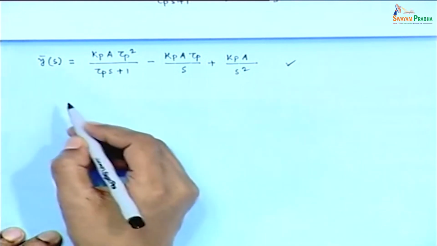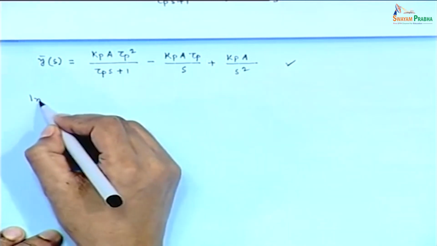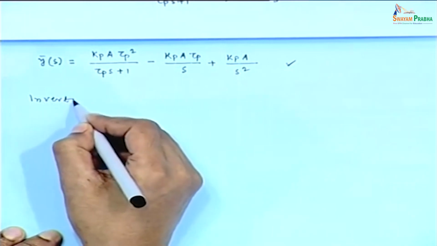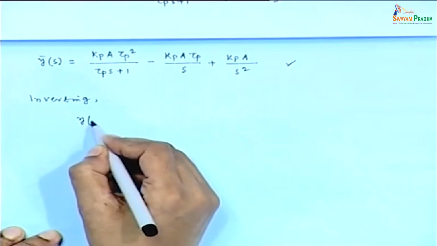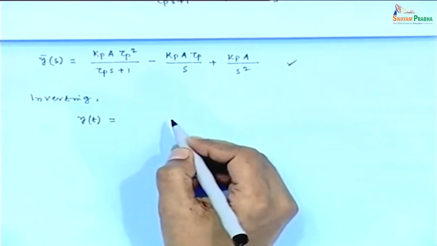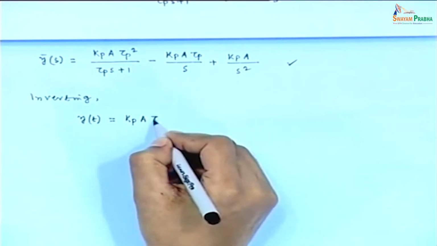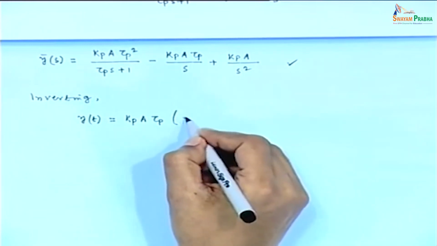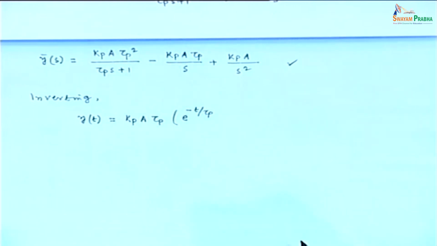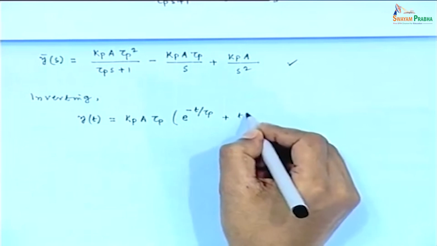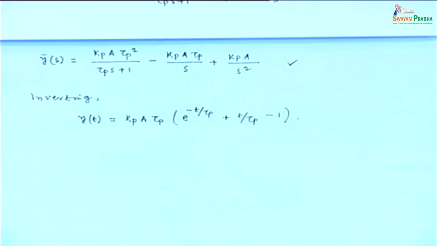Now, if we consider the inverse of Laplace transform, we get y t equal to Kp a tau p times exponential of minus t divided by tau p plus t divided by tau p minus 1.